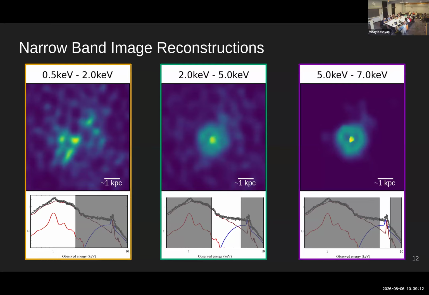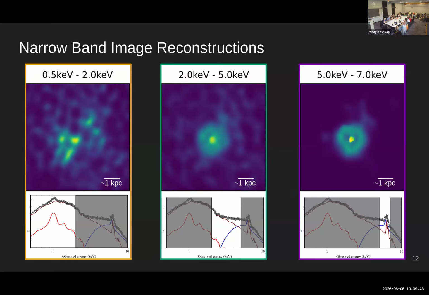Okay, so I suppose what you're asking is, can we use the different energy bands to jointly fit the output of the flux image reconstruction? The answer is not really, unfortunately, because we expect the structure to change with energy. We can model the PSF for each of the energy bands that we have.